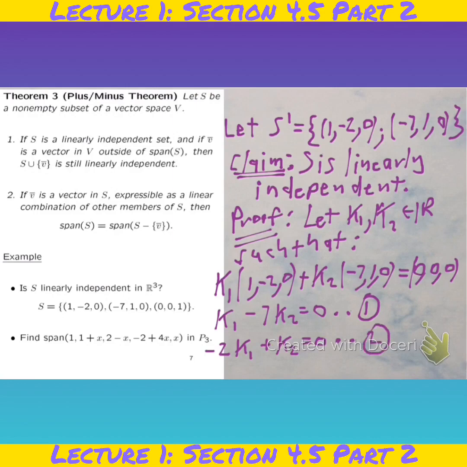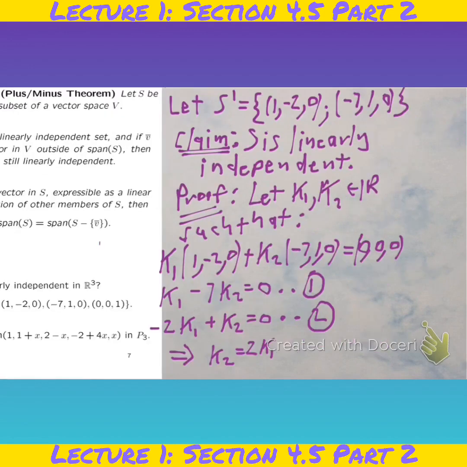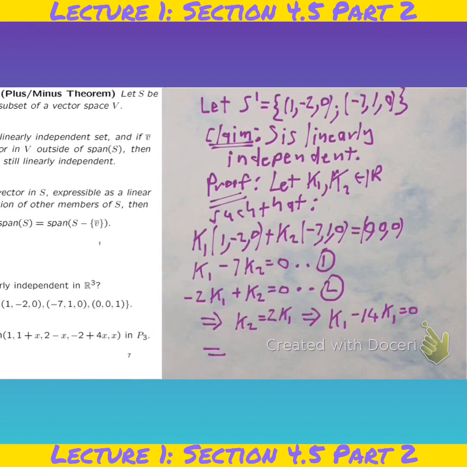Alright, and from that it follows that k2 is 2 times k1, and substituting that into the first equation we get, right, we can solve for k1 and k2. So from there we get that k1 is equal to k2 is equal to 0. So those vectors are linearly independent.